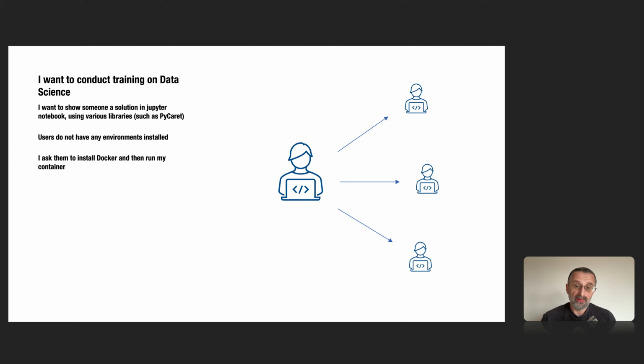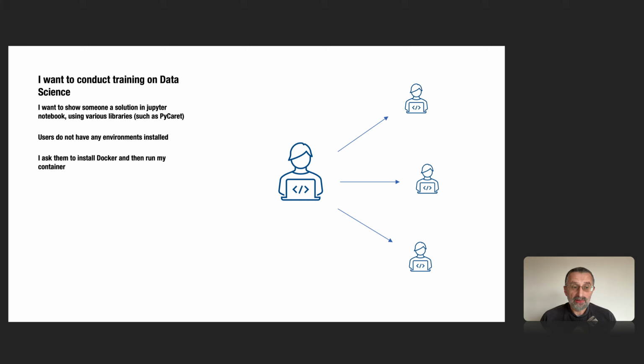Next, also a very typical use case for me. Imagine that I want to train managers on different aspects of machine learning, on data science. These managers have no technical skills to install all the required environments on their computer, or they do not even know what conda is. They do not know how to use pip install, conda install, whatever, poetry. And you do not have time to work with their computers before the workshop.